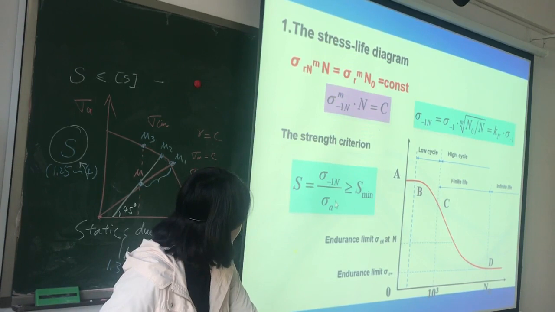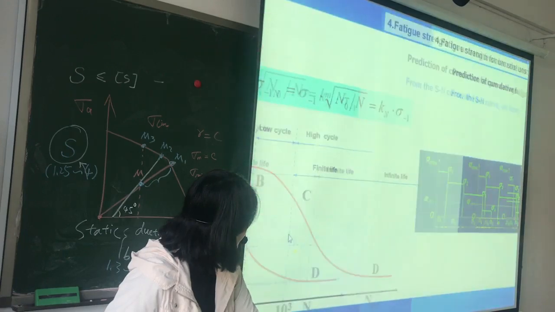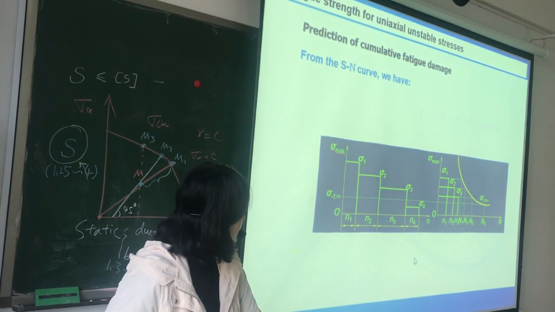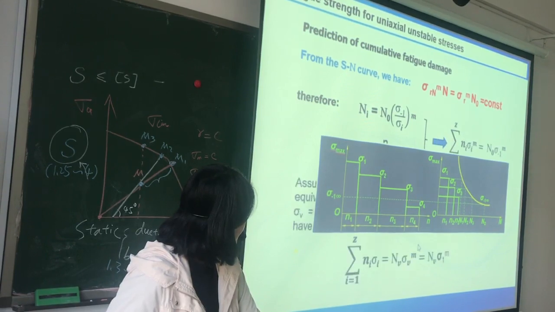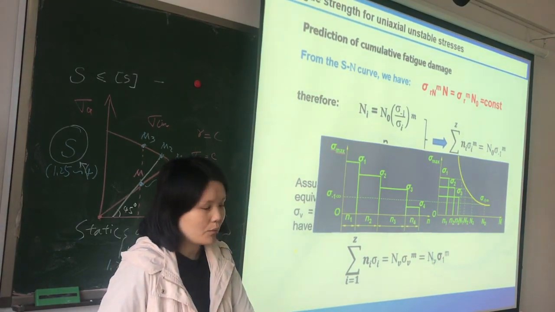The stress criteria can be expressed like this. And for spectral stress, we can express it like this and use this or this equation to calculate the number Ni or number big N.